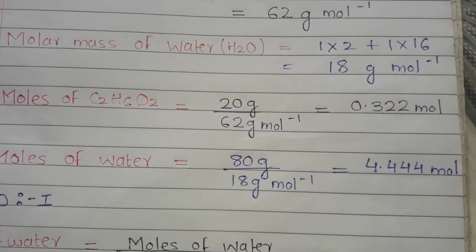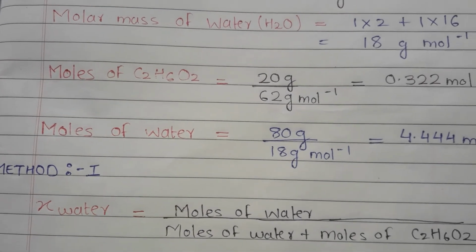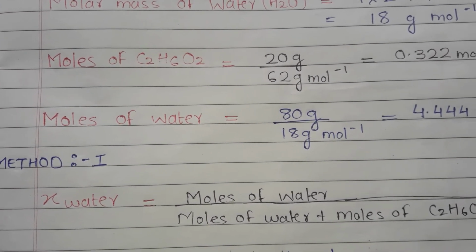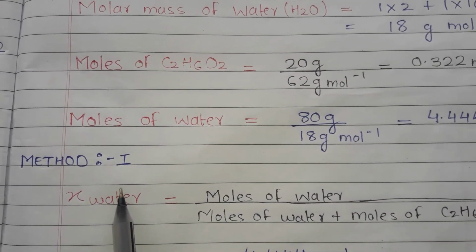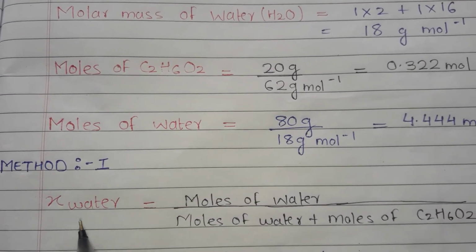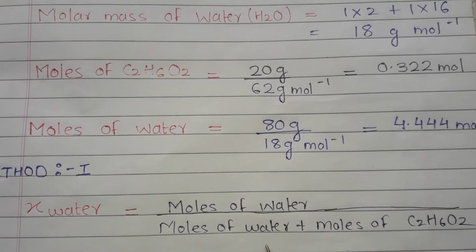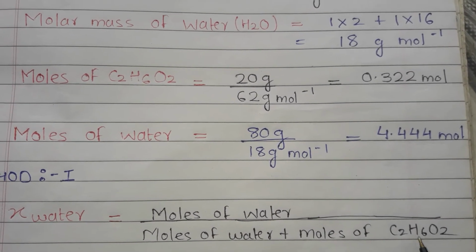Now we are going to find the mole fraction of water, as asked in the question. The first method: mole fraction of water equals moles of water divided by moles of water plus moles of solute.